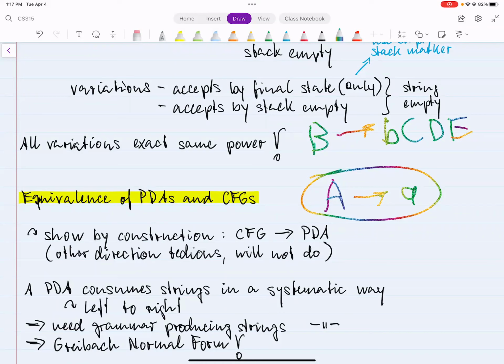What does it mean if you see that in a light geared towards PDAs? We produce a symbol, and the next symbol to be produced comes when we resolve the C. And we know by the shape of the grammar that whatever we replace C with is going to produce exactly one more symbol. And it may add even more variables, okay?